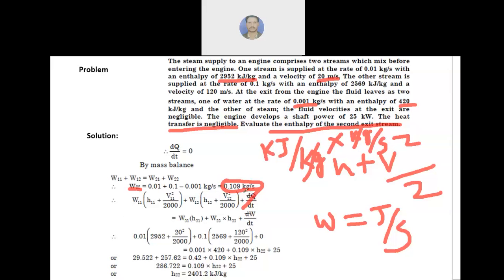So like this you have to think and write the expression. Otherwise, your whole hard work will be of no use. So write the things carefully, observe carefully, put in the values, and you will get the output. The output was the enthalpy of the second exit stream.